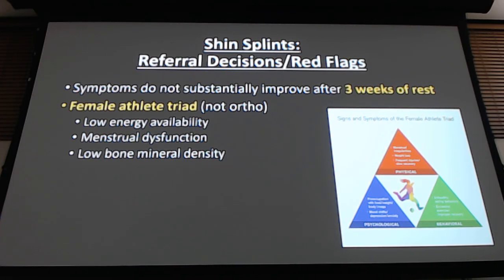So the female triad, right? Low energy availability, menstrual dysfunction, and what? Low bone mineral density. Have you guys talked about the female triad yet? I think it's a thing you need to know in orthopedics, because if a female athlete has this syndrome, this triad, it puts her at risk for all kinds of MSK injuries. If you don't know this exists, you don't know to look for it.